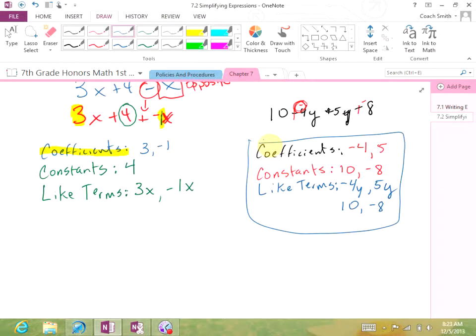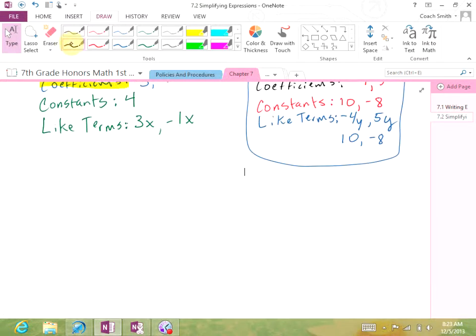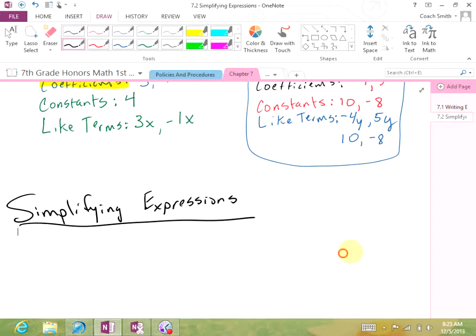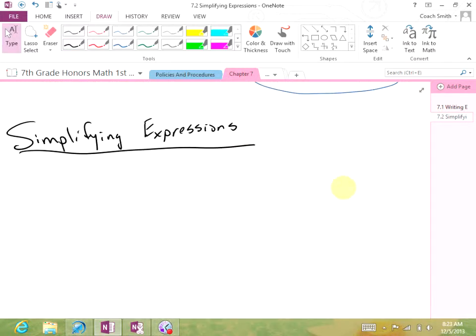Now I want to look at actually simplifying expressions. Now that we know the parts of the expression, I want to talk about and do some simplifying of the expressions.